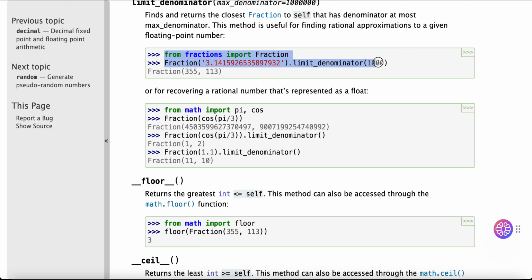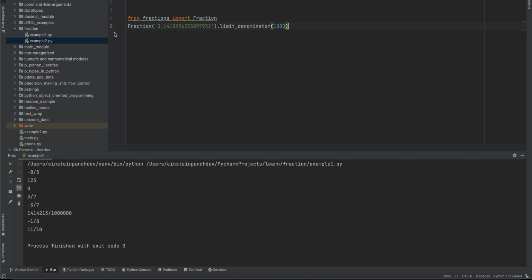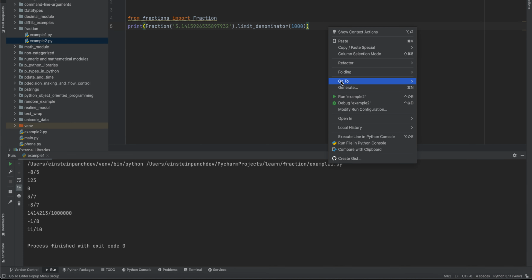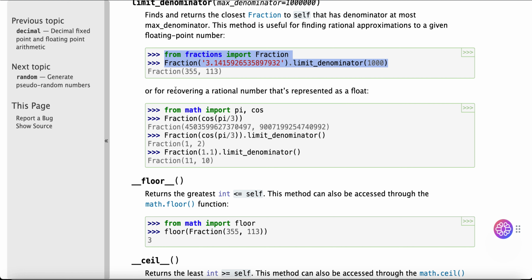Fraction, limit_denominator(100), 1000. Example 2. Let me print it. 355/113.